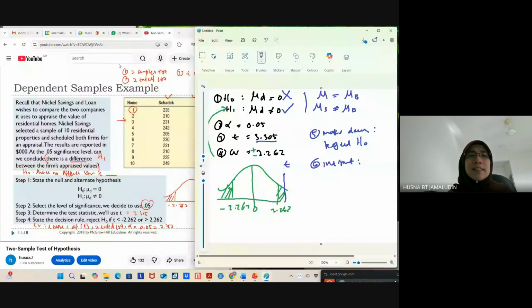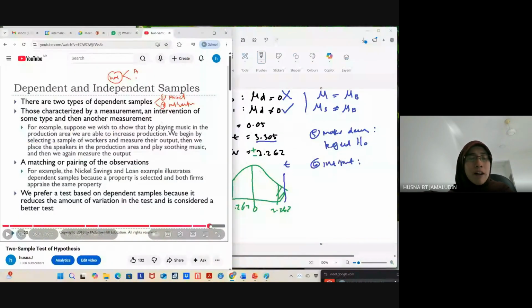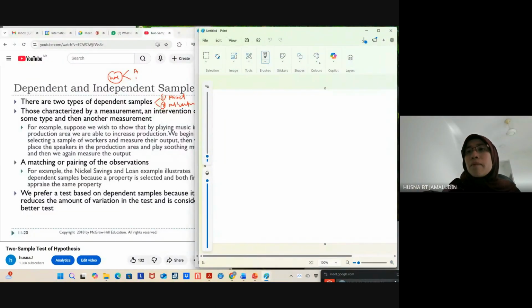So that is the example of a dependent sample. Okay, let's continue. Oh, it's done. So remember I mentioned to you there are two scenarios when you're going to use dependent. For the dependent sample, there are two scenarios.